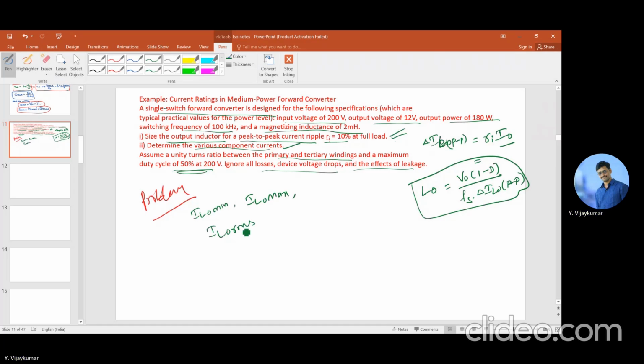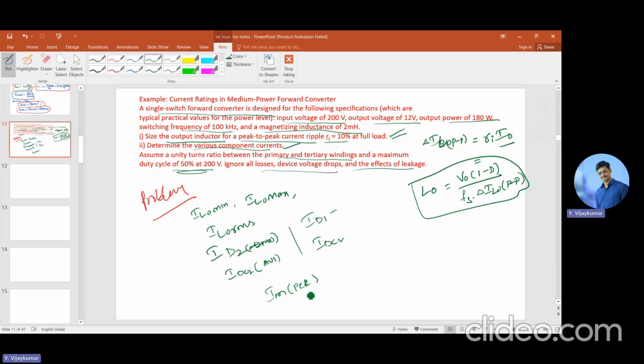Then there is diode D2, so its RMS current and average current. Similarly, diode D1 also is there, with its RMS and average DC currents. And we also have the magnetizing current, the peak magnetizing current.